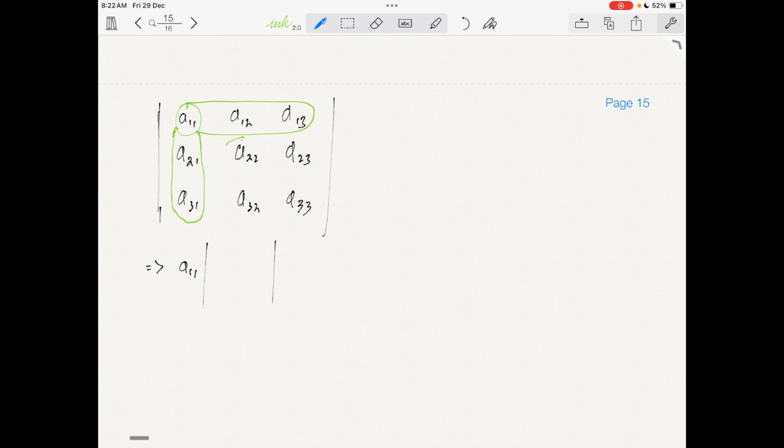The resulting part is what will make up the 2 by 2 matrix. So we have A22, A23, A32, A33. Now that will be for A11. Now let us consider A12.